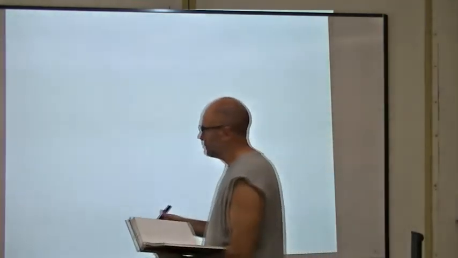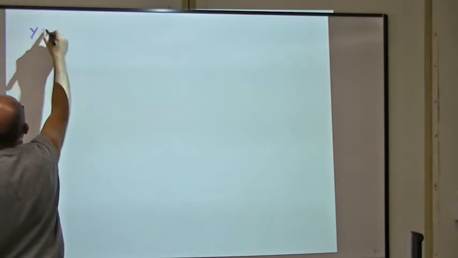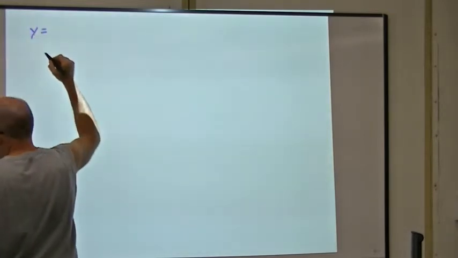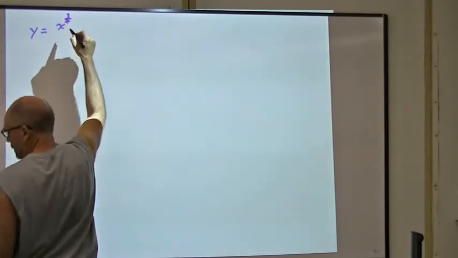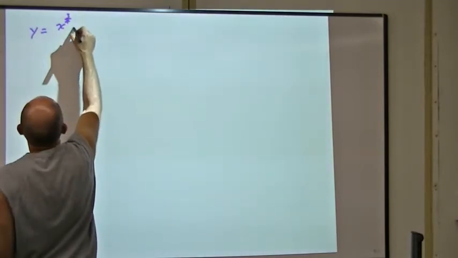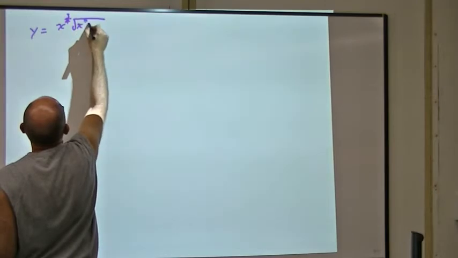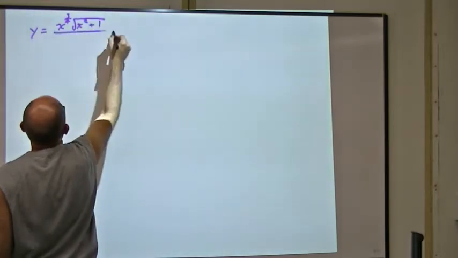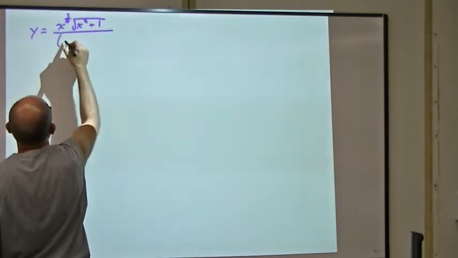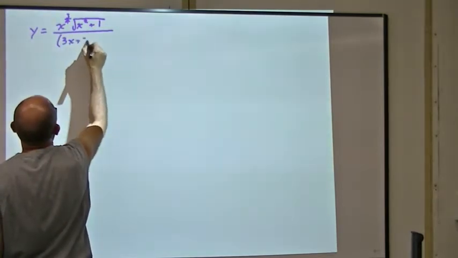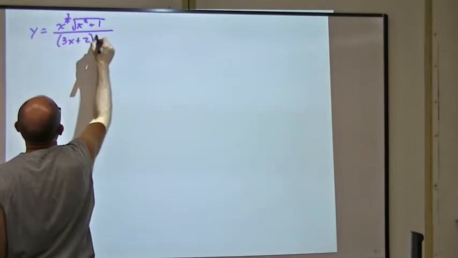So we've got y equals x to the 3/4 times square root of x squared plus 1 divided by 3x plus 2 to the 5th.